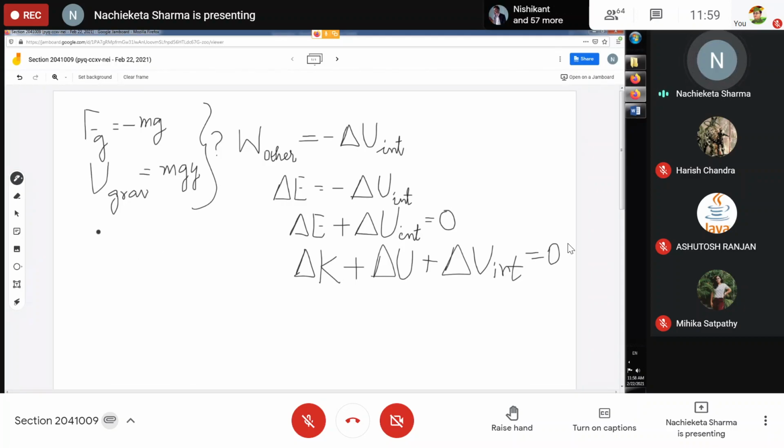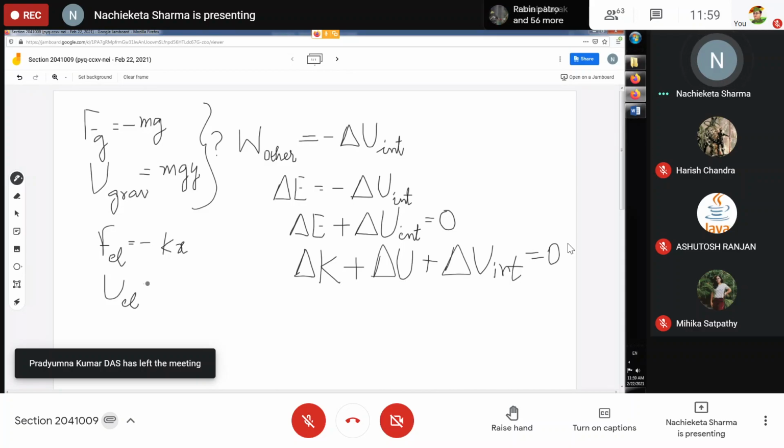Similarly, if there is an elastic force, it is written as F elastic is equal to minus kx. And it is also associated with a potential energy function. How is the potential energy function written? It is U elastic is equal to half kx squared.